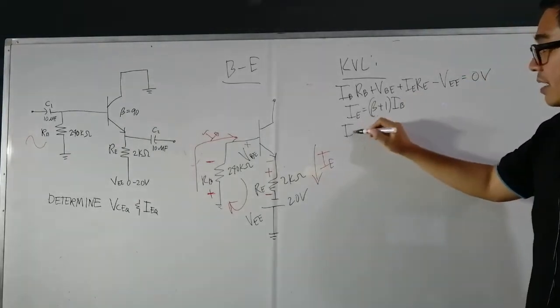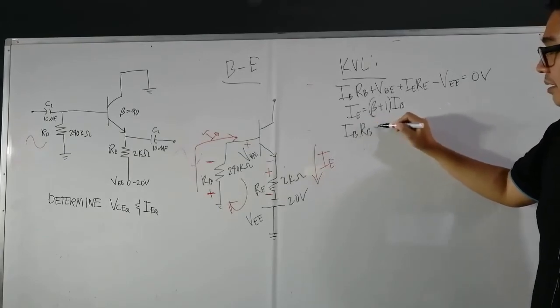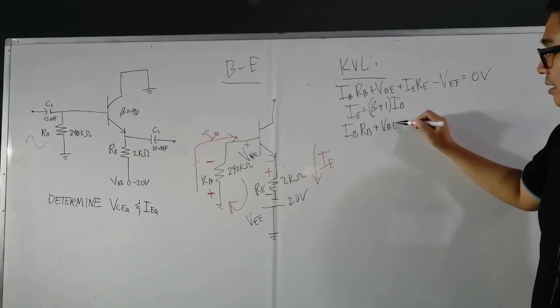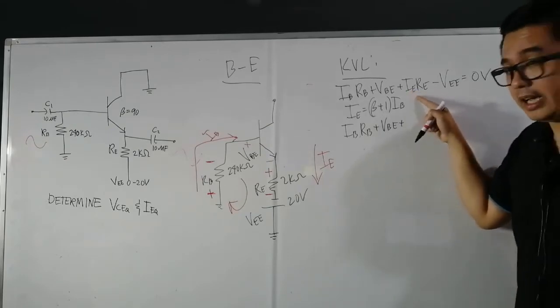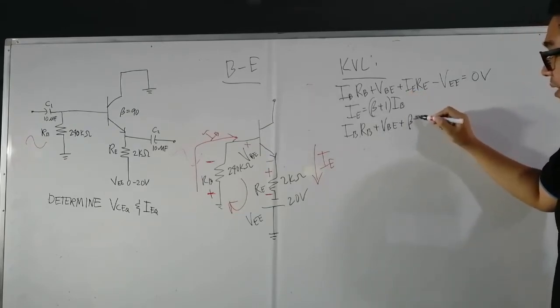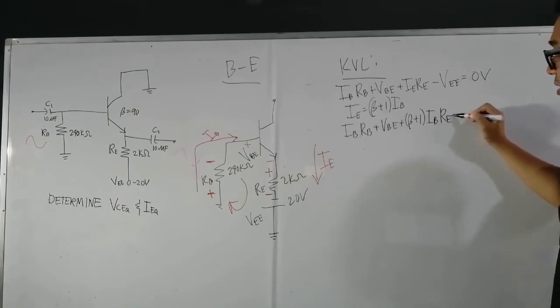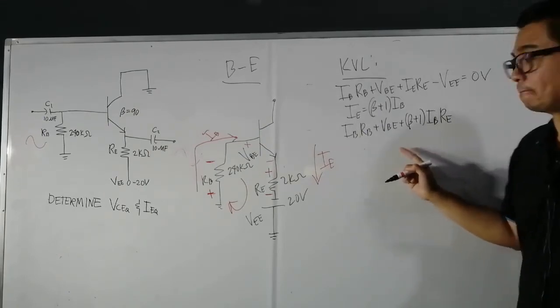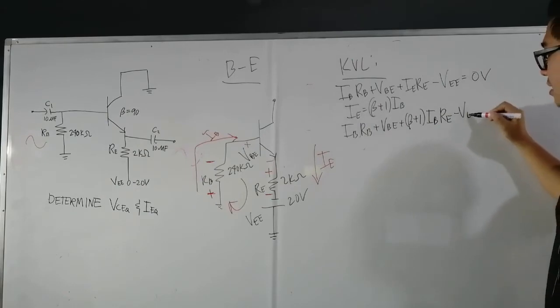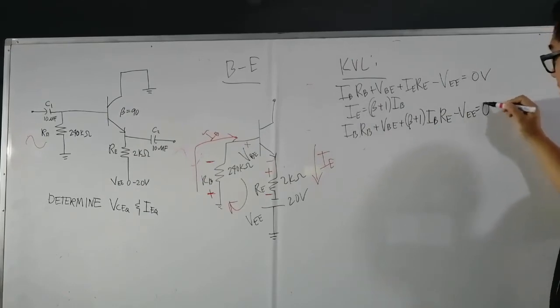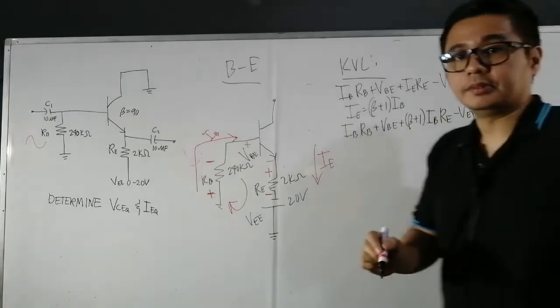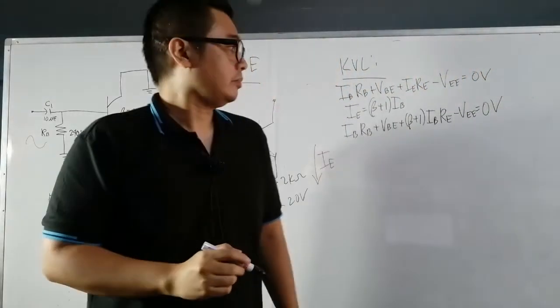Right, so we have IB RB plus VBE plus, instead of using IE, gagamitin natin yung beta plus 1 times IB times RE. So, pinalitan lang natin yon. Minus VEE equals 0 volt. Alright?